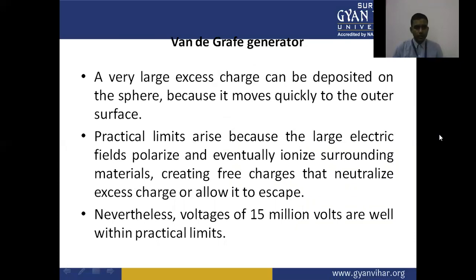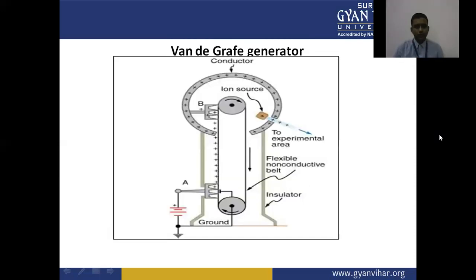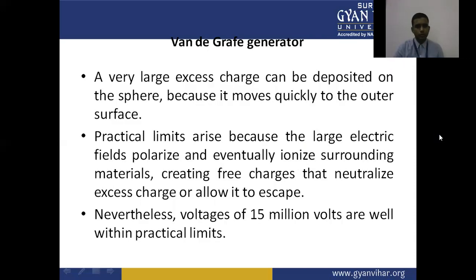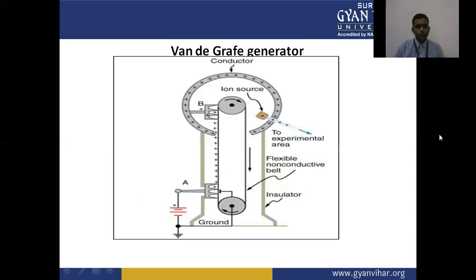A very large excess charge can be deposited on the sphere. You can understand from this figure that a very large charge density is deposited on the sphere because it moves quickly to the outer surface.